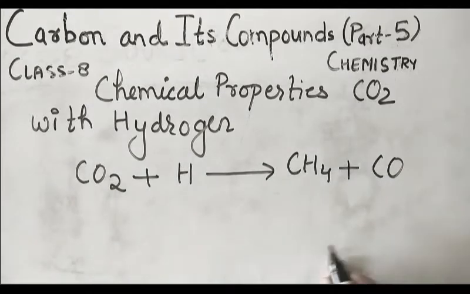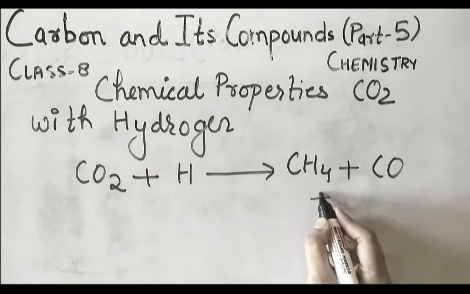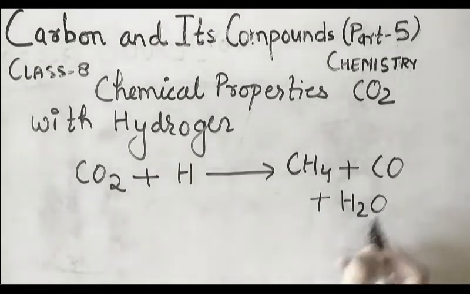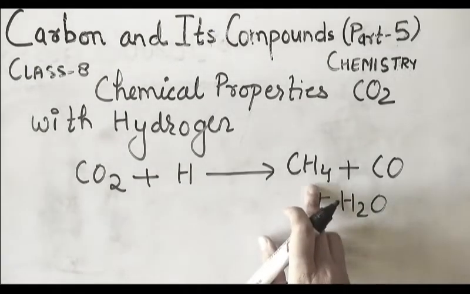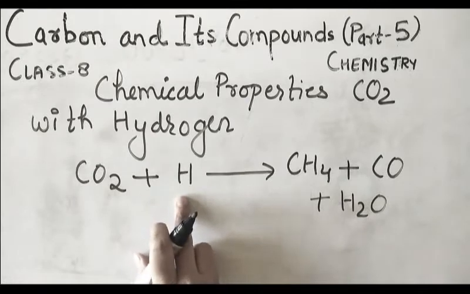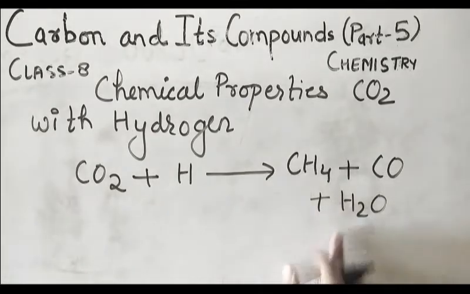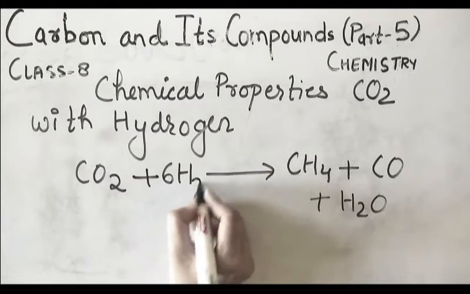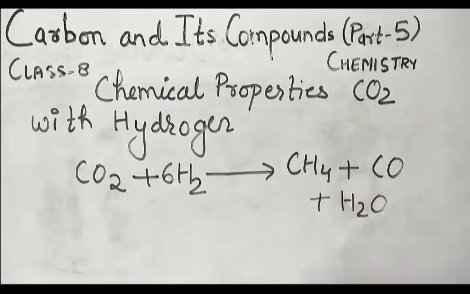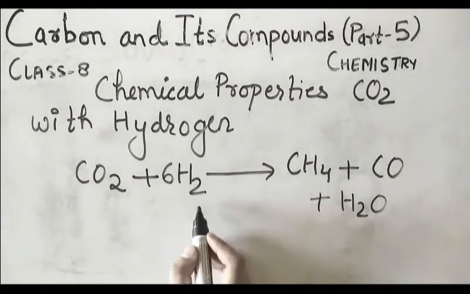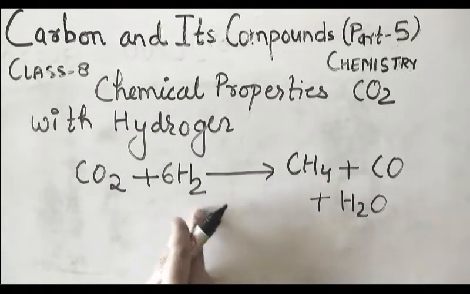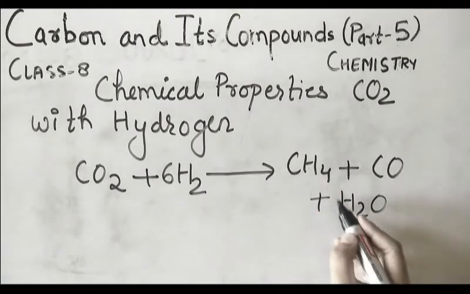The equation is not balanced over here because in CH4 there is H, and here H2O is also formed. So we have to write here 6H2. H2, that means the hydrogen is already here, I forgot to write it here. Now 6 here, so we have to write 4 here.